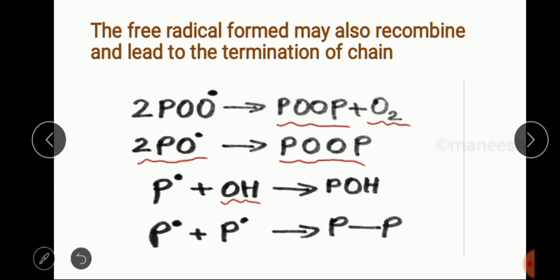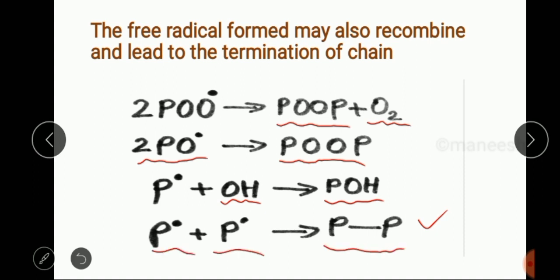You will get POH. Here, two polymer chains combine to form this. So this is what we call termination. The free radicals combine together so that the chain terminates.